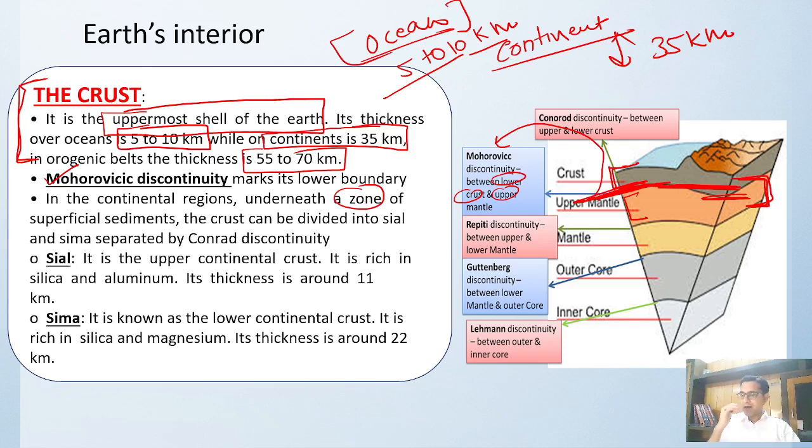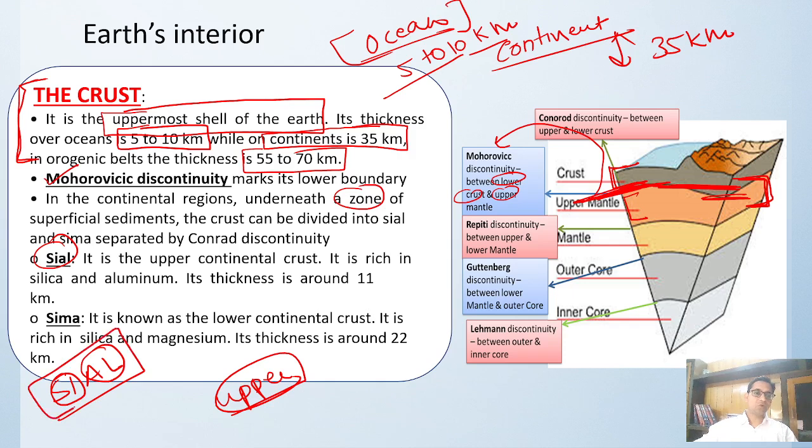Now, what is the crust made up of? The upper part of the crust is made of Sial. We call it Sial: silicon, silica and aluminium. These are the two major components through which this crust is made up. Up to 11 kilometers Sial, right?